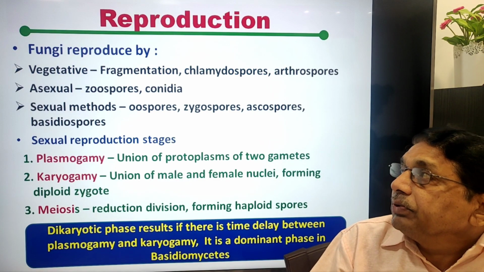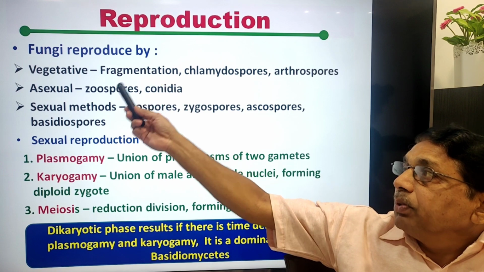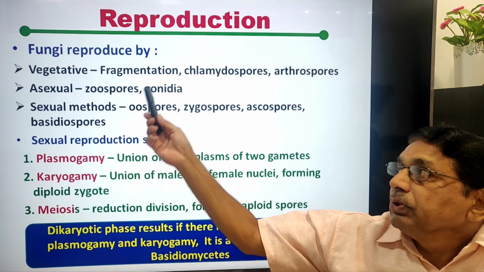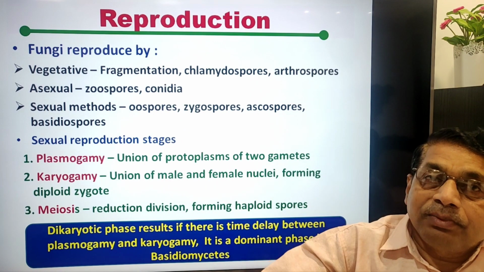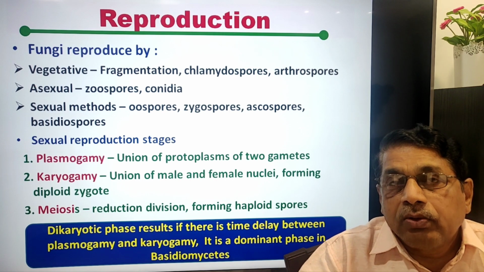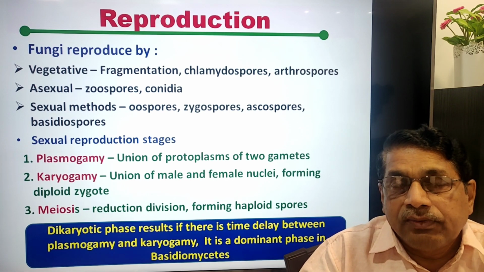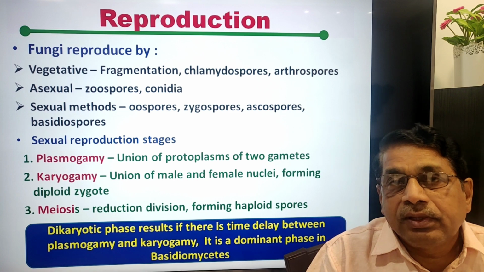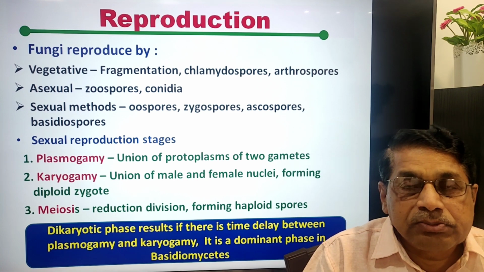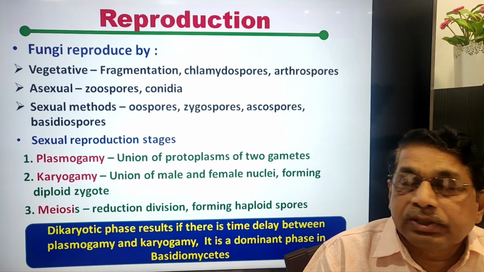Then reproduction. Fungi reproduce by vegetative fragmentation. The filaments break down into small fragments. Each fragment, if it falls on a suitable substratum, develops into a mycelium.